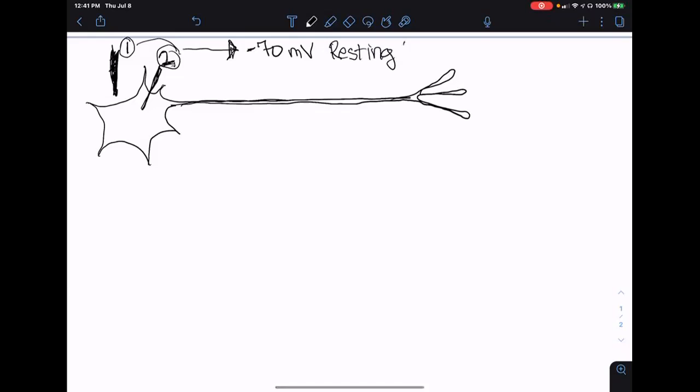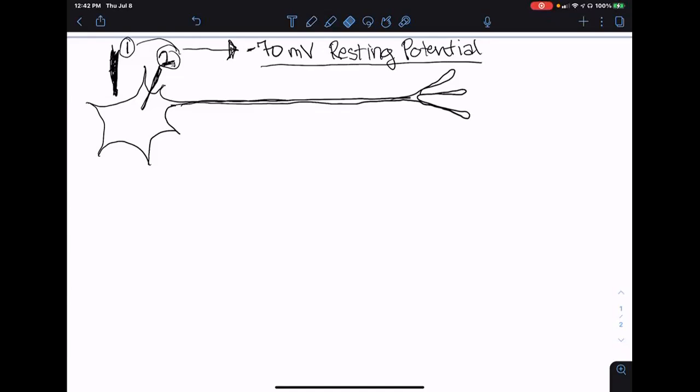But negative 70 millivolts is the number we're going to use here, and it is considered the resting membrane potential. That's the voltage your neuron sits at. Inside, it's going to be 70 millivolts more negative relative to the outside when it's just sitting there not doing anything at all.